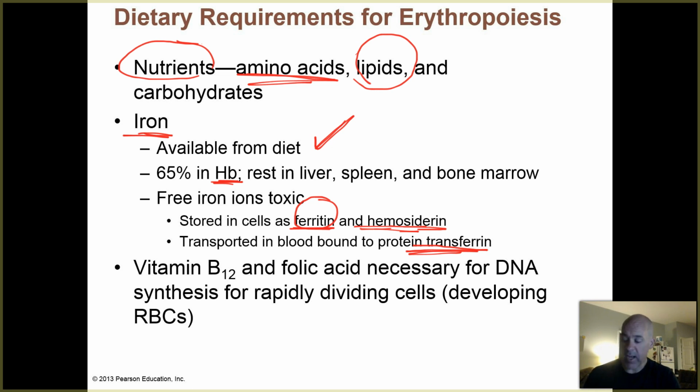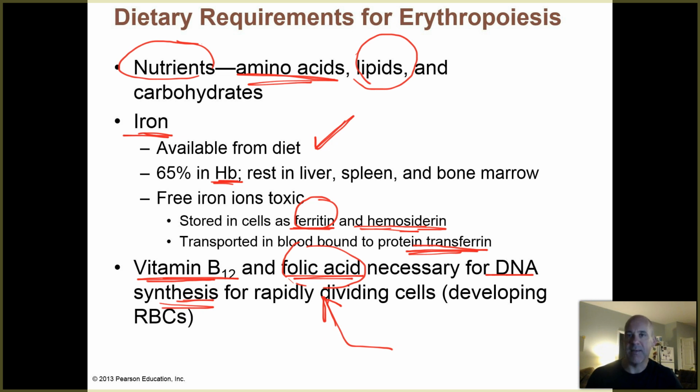Okay, other things you need in your diet. You've probably heard of these before. Vitamin B12 and folic acid are both needed for DNA synthesis. Folic acid, where have you heard folic acid before? Pregnant women often, or if not almost always in our country, take folic acid supplements, and that is a vitamin that is required for DNA synthesis.